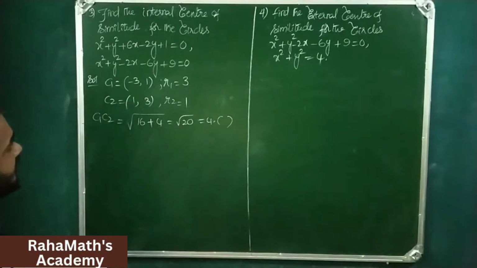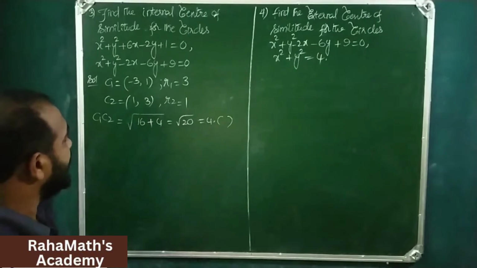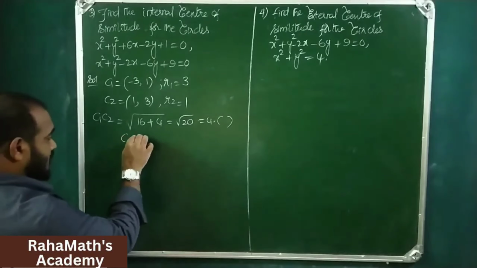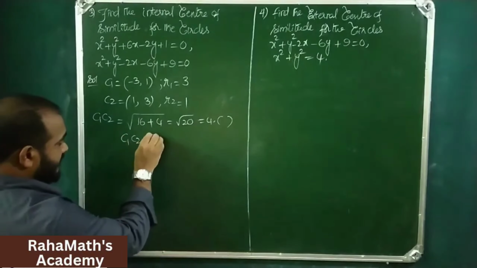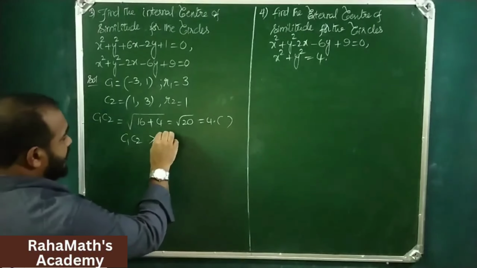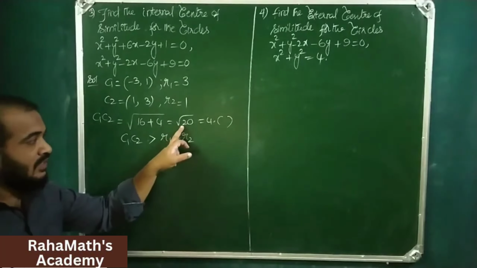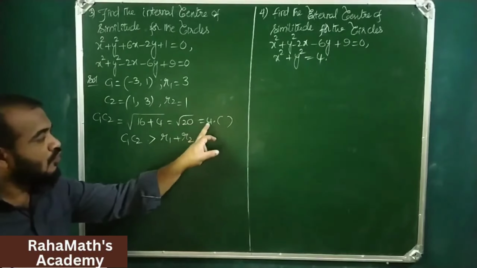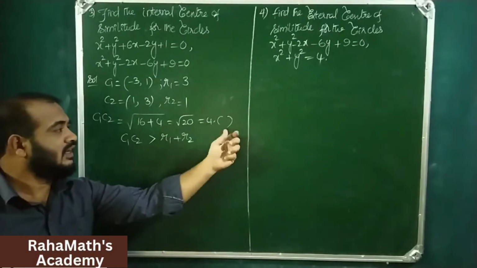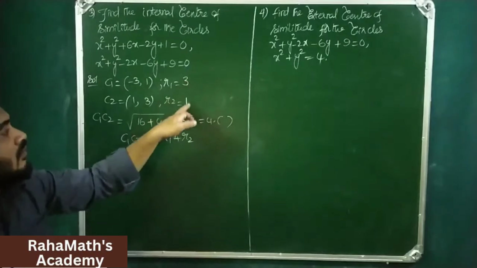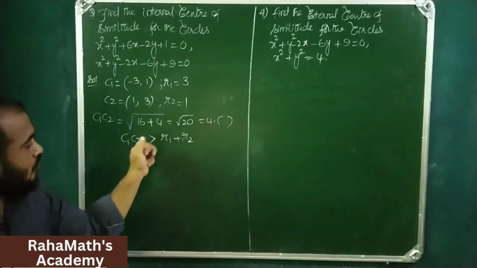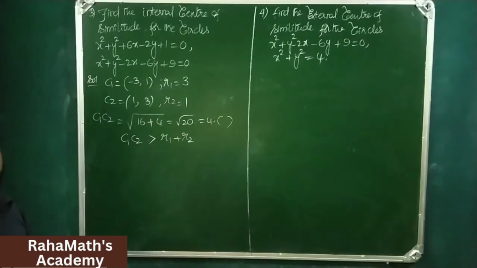And so here C1C2 is greater than R1 plus R2, because root 20 means more than root 16. 4 point something is definitely more than 4, 3 plus 1. So C1C2 is greater than R1 plus R2.